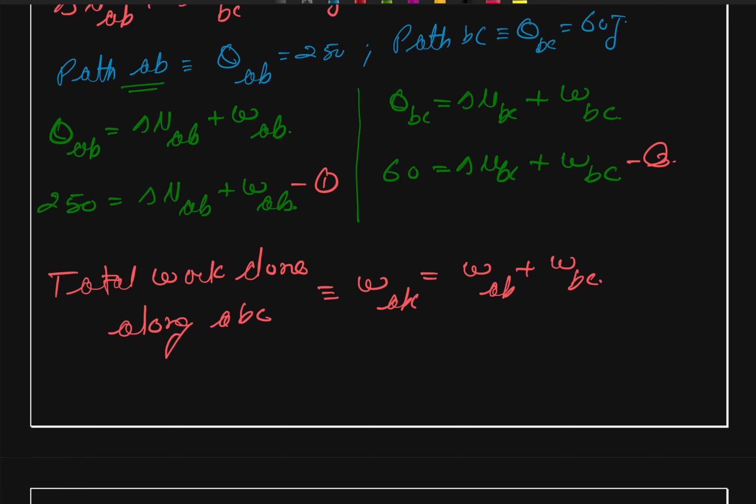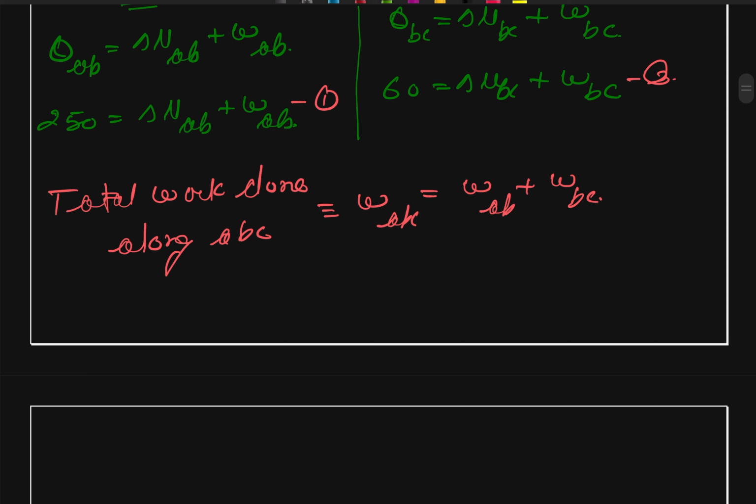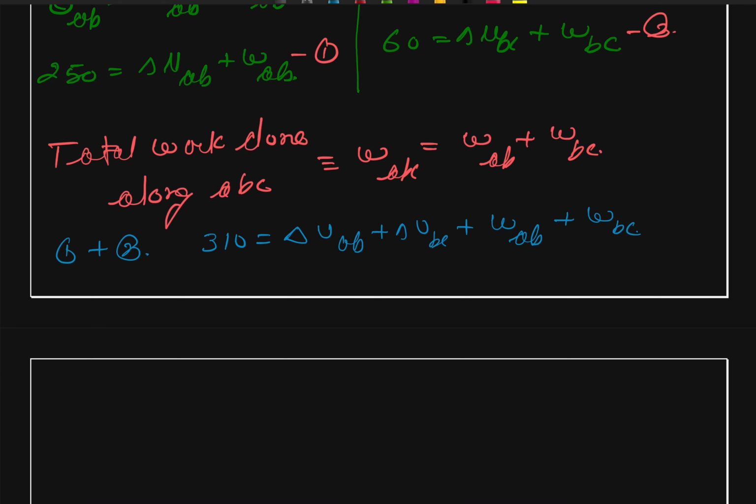So let us add equation 1 and 2. So 1 plus 2 will be giving us 310 is equal to delta UAB plus delta UBC plus work done for AB plus work done for BC, and this summation of delta U is our 180, and this is our total work done.